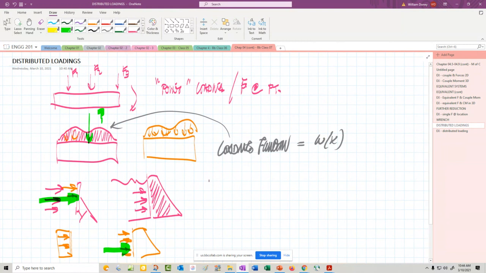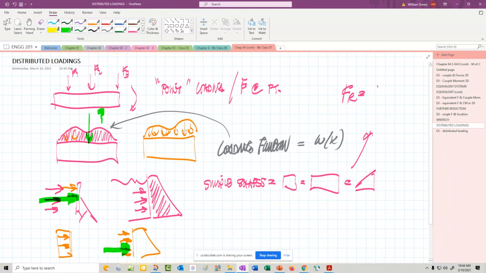Now, if they are simple shapes, and that means square, rectangle, triangle, the resultant force of that loading equals the area under the curve.